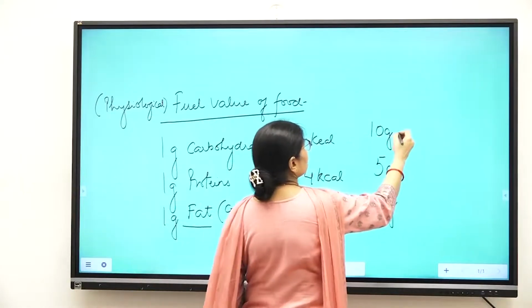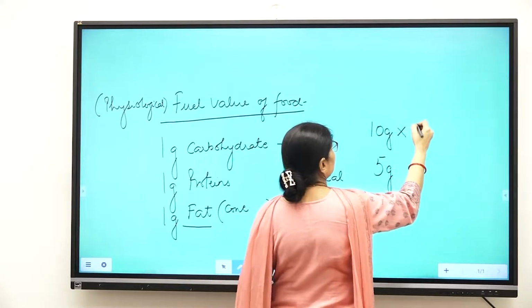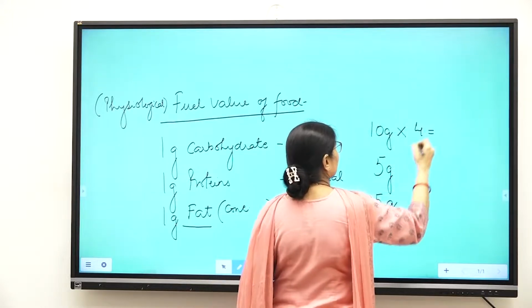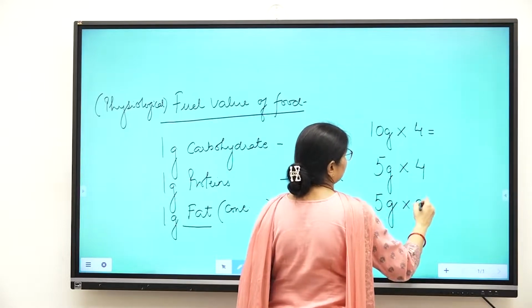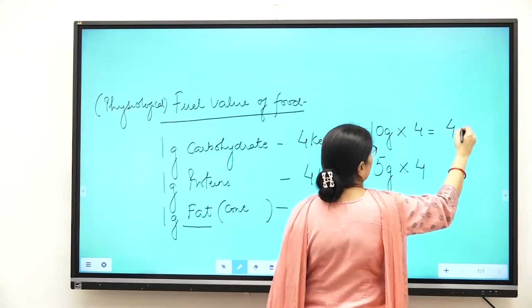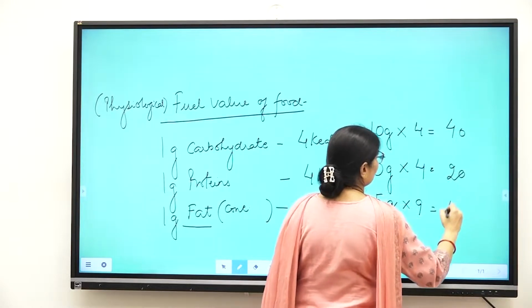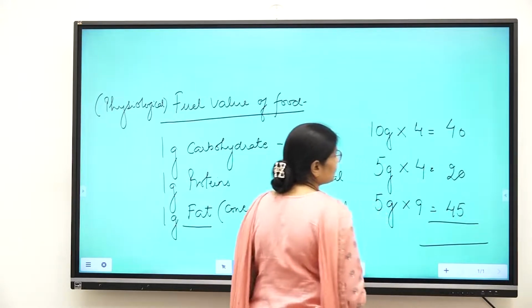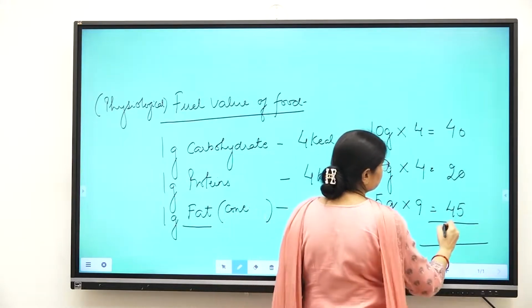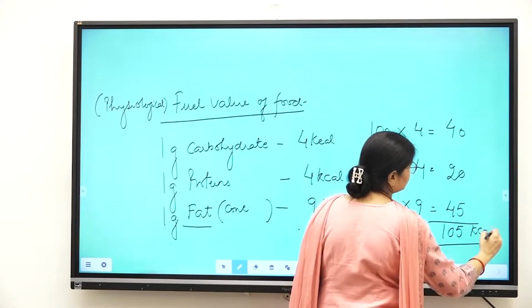We will multiply 10 gram with 4, 5 with 4 and 5 with 9. So, it will make 40, 20 and 45. The total fuel value of that food will be 105 kilocalories.